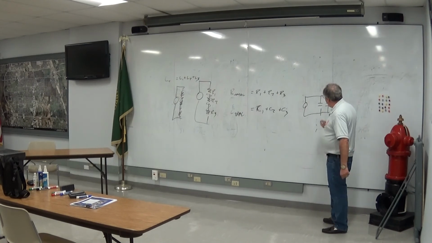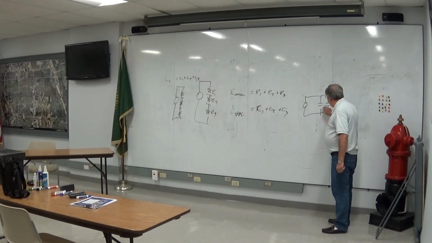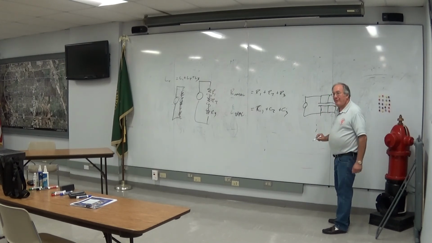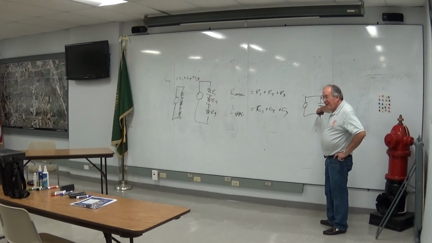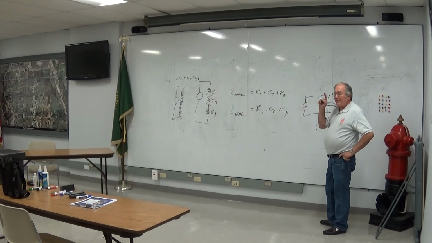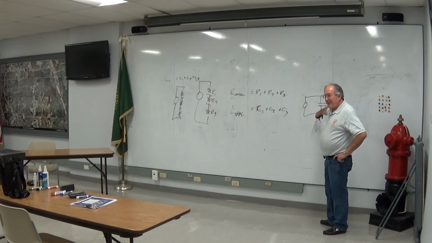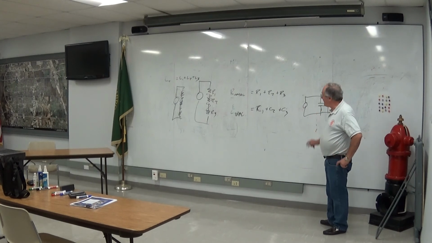And why is that? Because, this is what Greg didn't show that I wanted to get across. It's as if you took the plates and increased the plate area by doing that, okay? That is why parallel capacitances add the same way as series resistances and series inductances do. It's because you're really adding the plate surfaces together when you go in parallel.